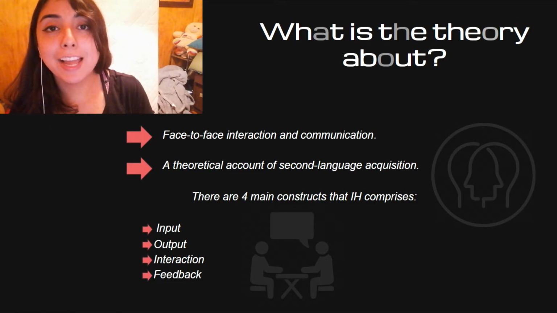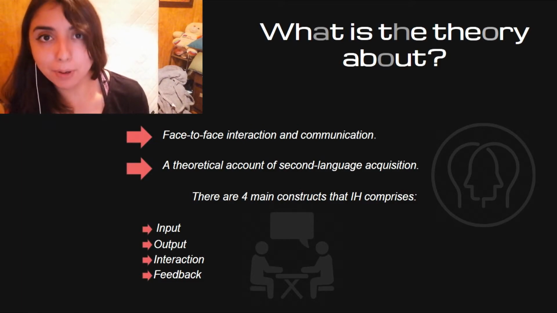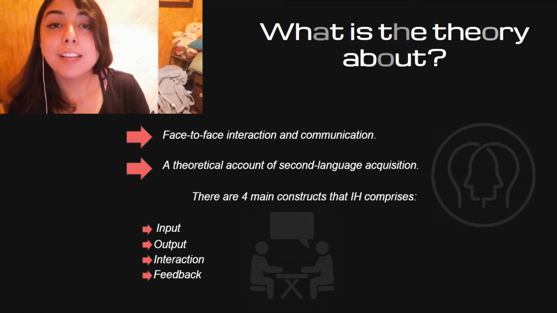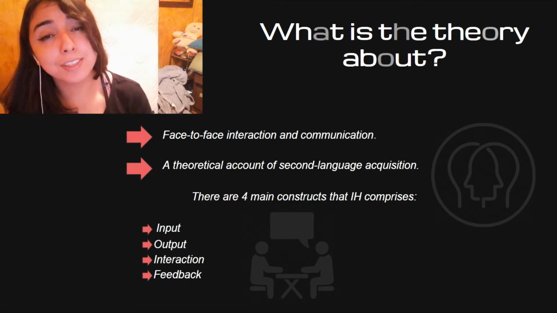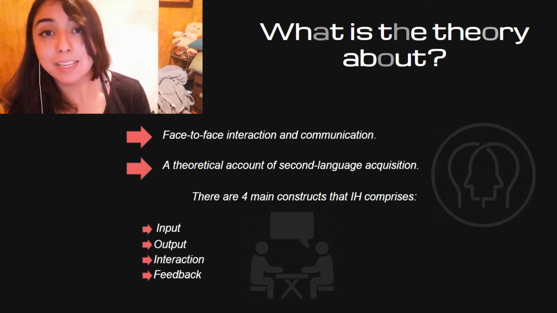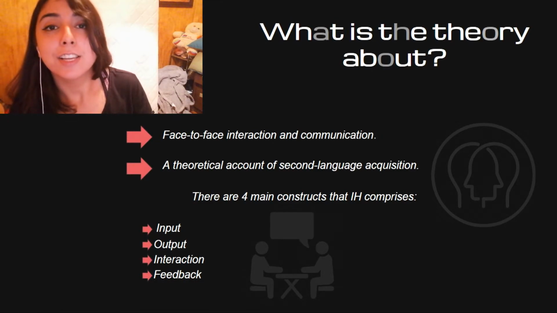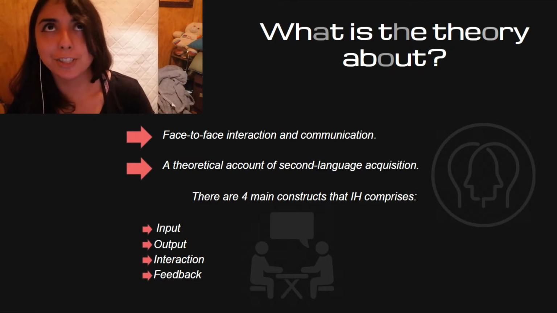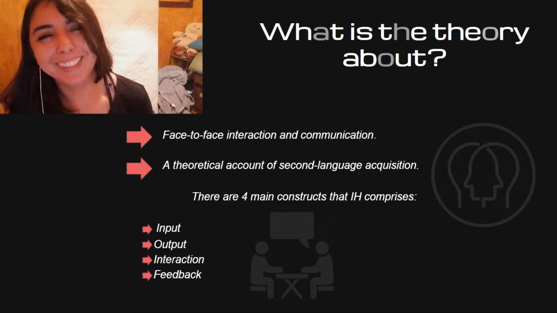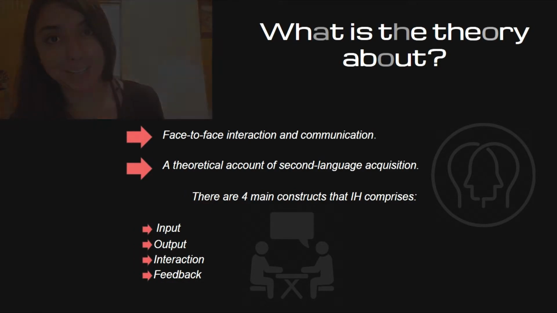Feedback: two kinds of feedback can be identified within the context of the hypothesis. Explicit feedback, such as, but not limited to, corrections or metalinguistic explanations. And implicit feedback, including negotiation strategies such as clarification requests or comprehension checks. And now, my classmate Luciano is going to dive deeper into this theory.